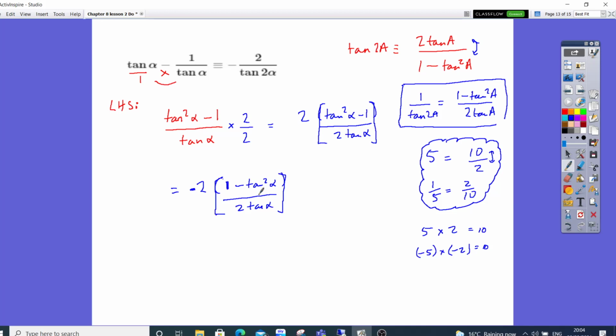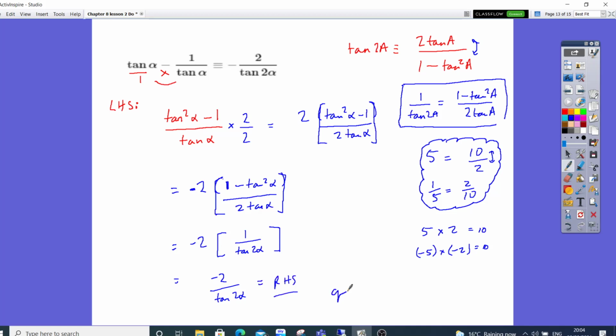So I'm going to write this as minus 2 times the reciprocal of, like we said here, tan 2 alpha. Now once I've done that, I can just multiply the 2 in there, which gives me minus 2 over tan 2 alpha. And that is the same as the right hand side.